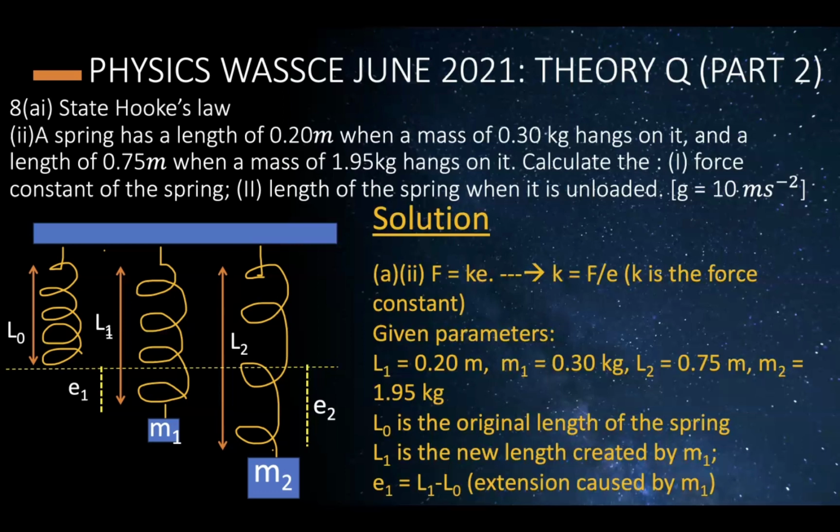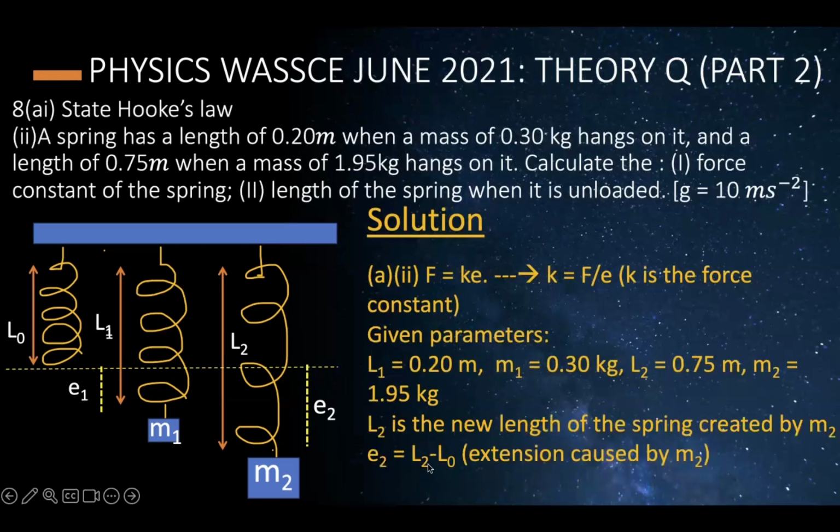Like I said, you have L1, the new length when you have mass 1, and L2, the new length when you place mass 2. And the extension, at least for the first, will be L1 minus L0, and for the second extension, it will be L2 minus L0.